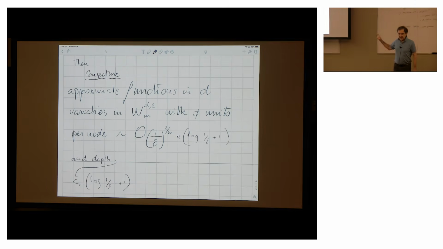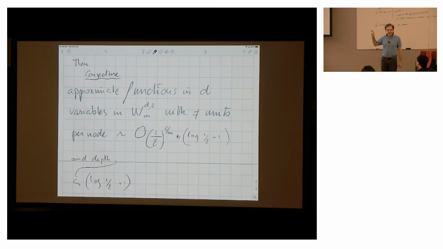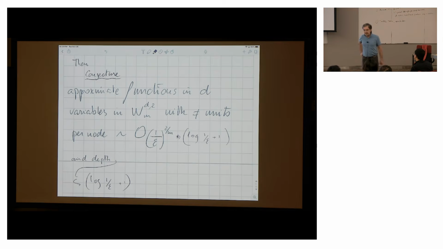So in other words, you can get rid of the assumption of a smooth ReLU by using this result. Sorry? This log factor only adds up to... You pay this log 1 over epsilon depth, but yeah.